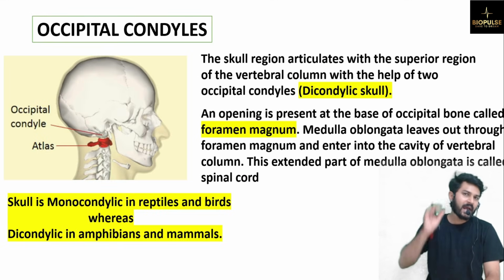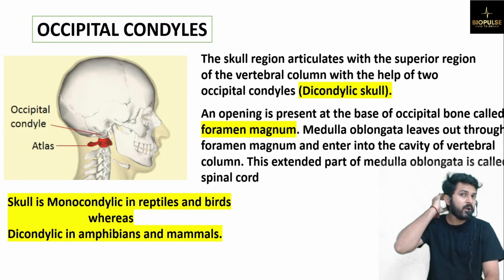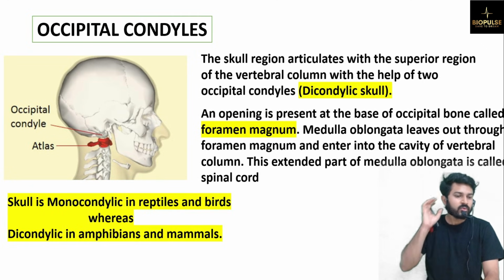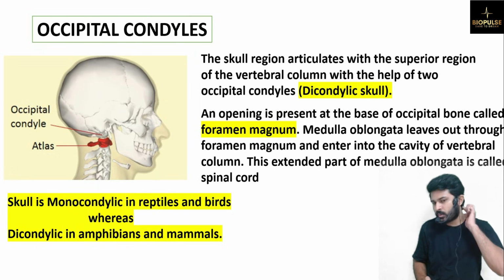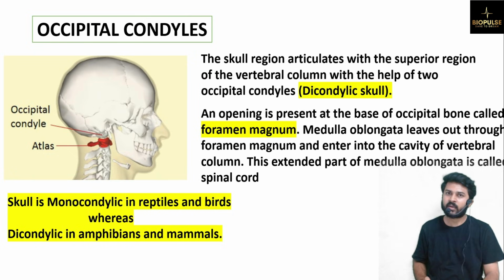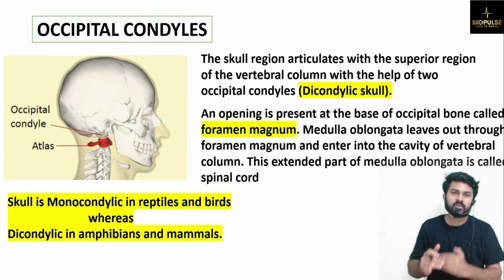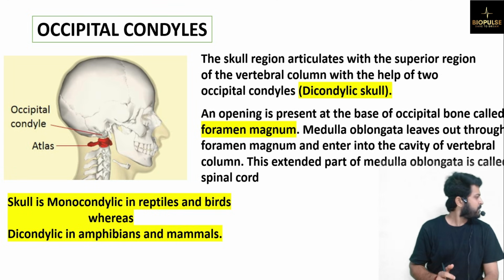Now at the base, what is present? The occipital bone, correct? In the occipital bone, two condyles will be present, one this side and one this side. Just imagine, can I rotate my neck completely? No, correct?